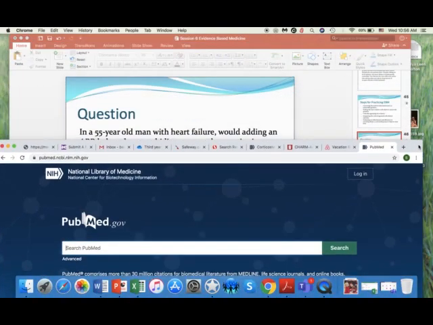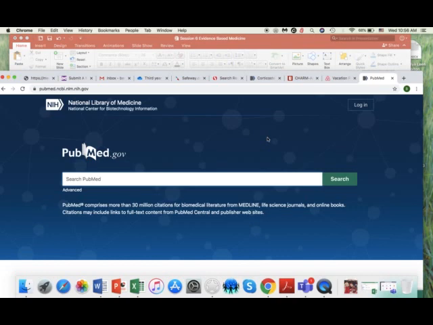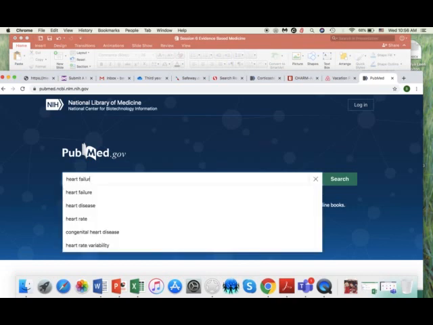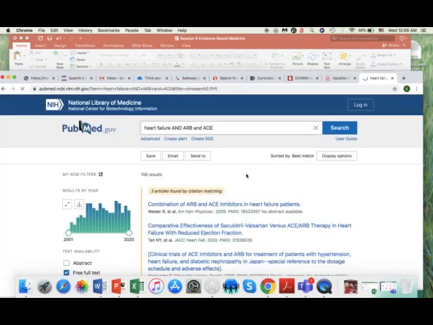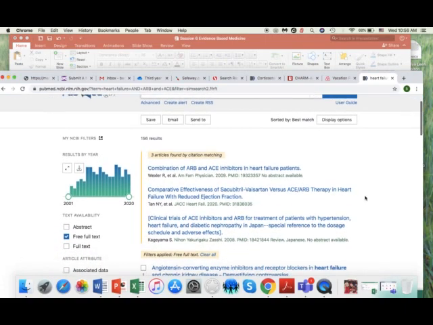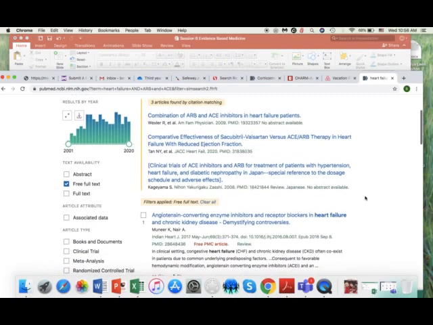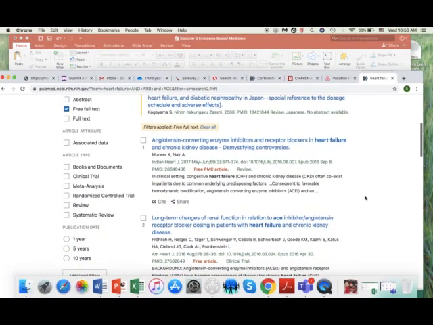So we have this patient right here with heart failure, and ARB and ACE. Maybe we can come up with something along those lines, those three searches. So here are some of the different things that we can do.